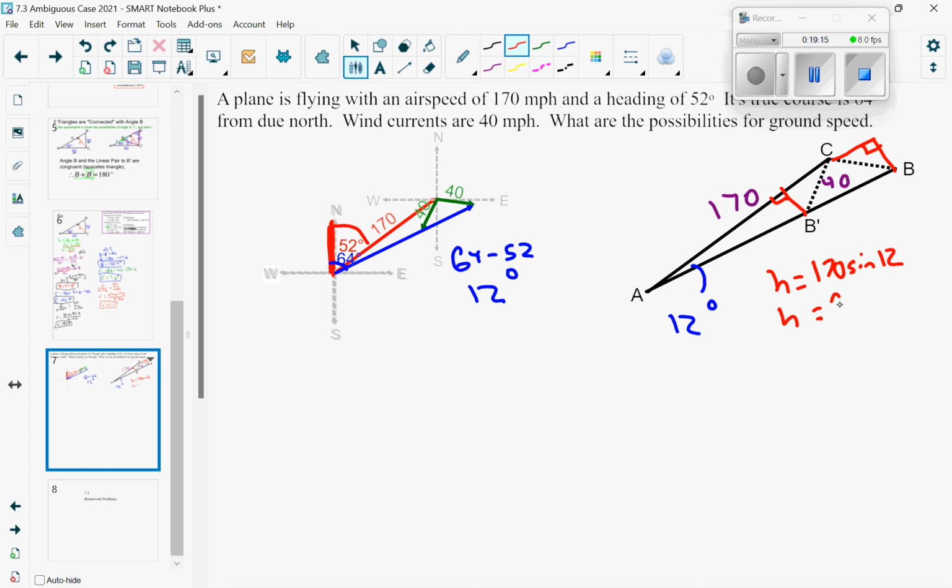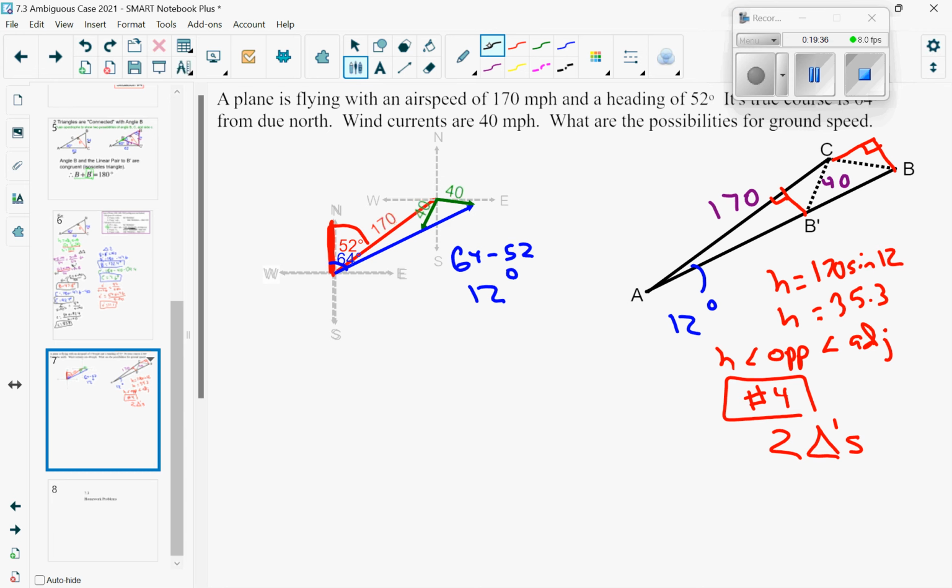H equals 35.3. Again, we get the situation where H is less than my opposite, which is also less than my adjacent. This is situation number 4 again, the same one where we just had, where there are two triangles.